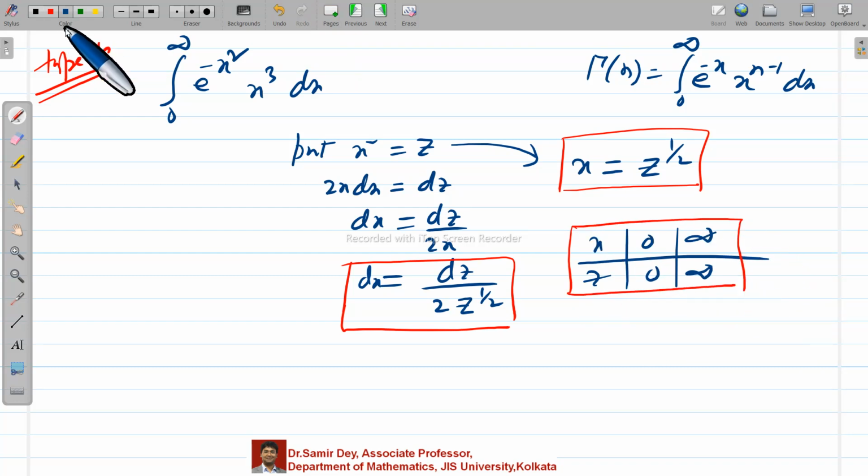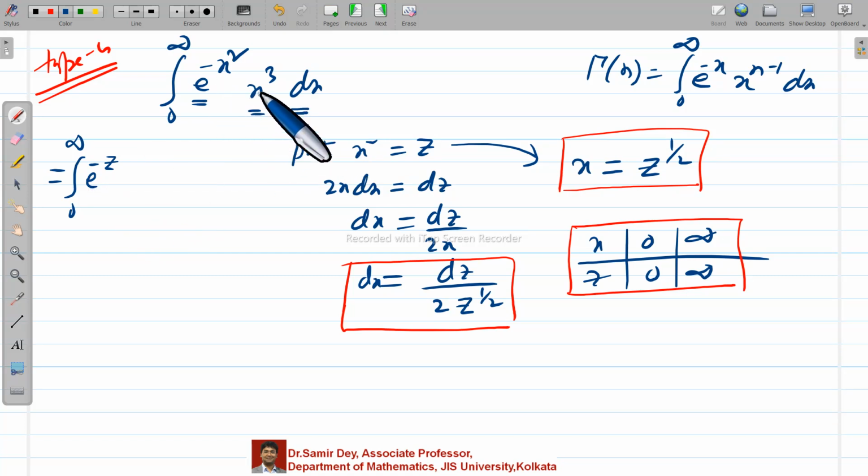Now we need to replace one by one. First, same range 0 to infinity, e to the power minus z. So already you have replaced x square.